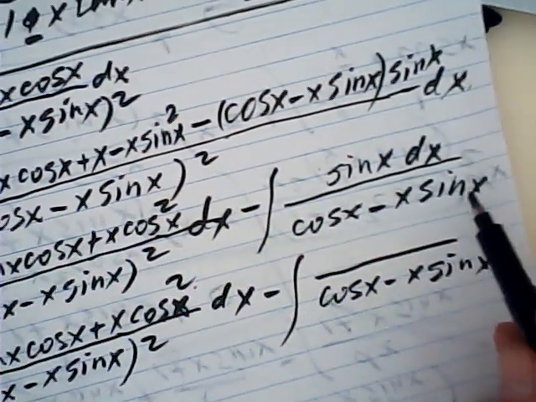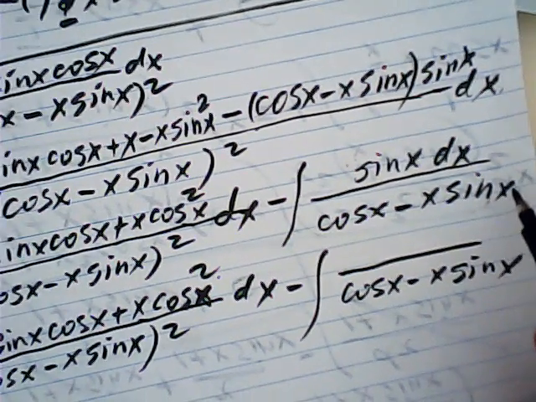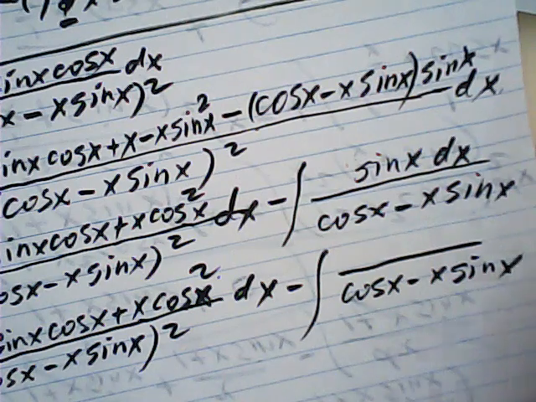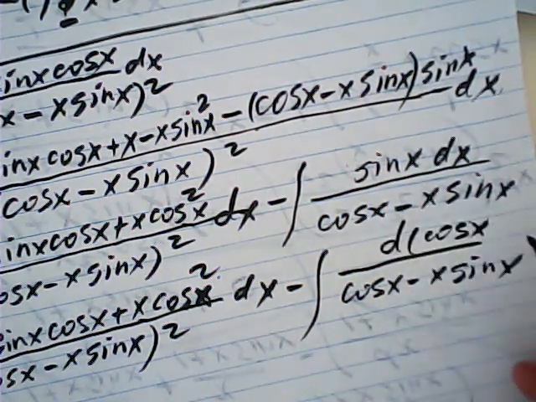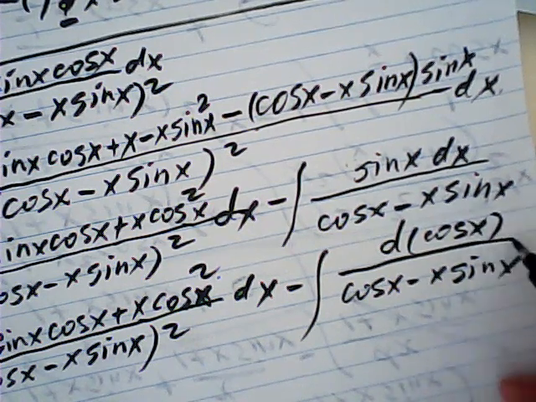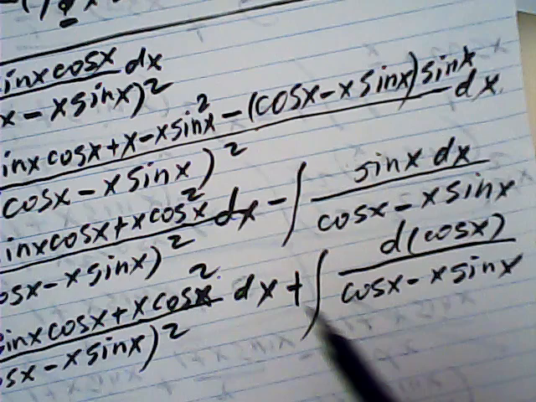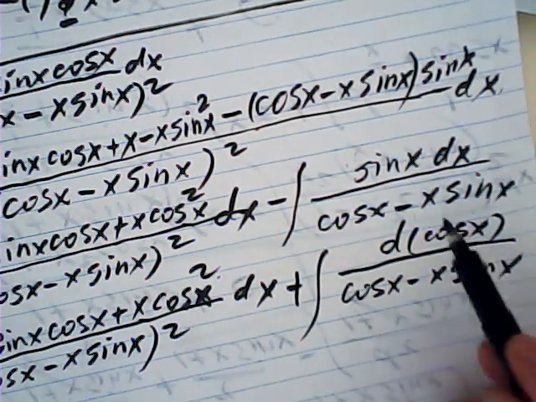Cosine x dx is the derivative of the cosine, negative, right? So it becomes d cosine x. Change the sign, right, to positive, because the cosine derivative is a negative sign.